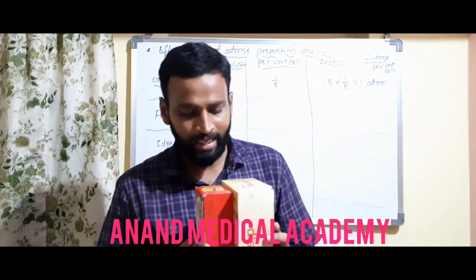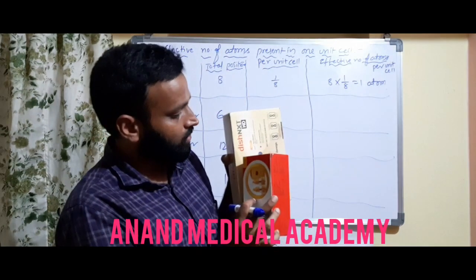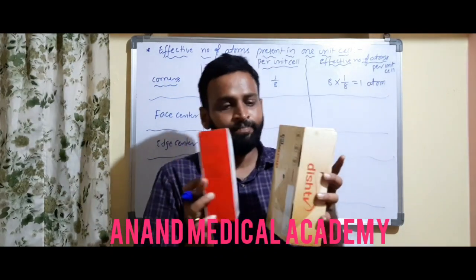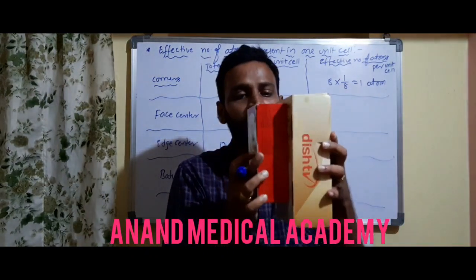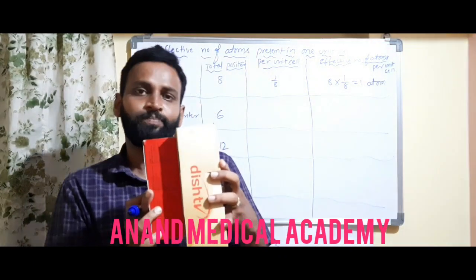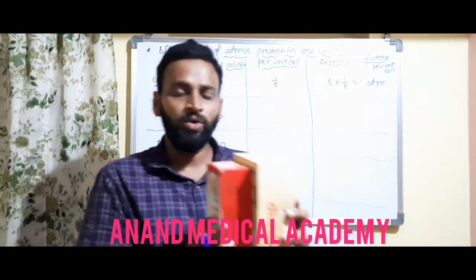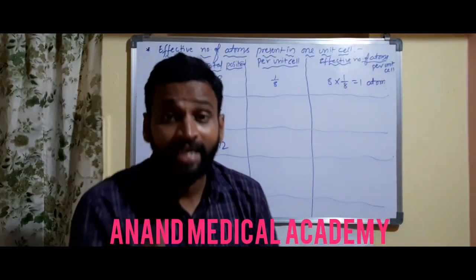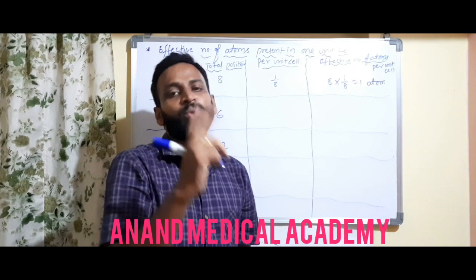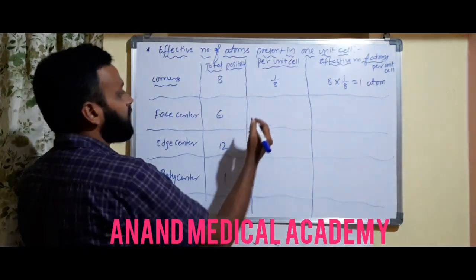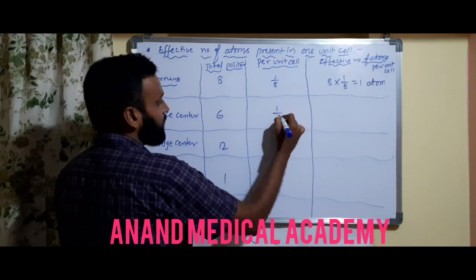One face center atom can be shared by 2 unit cells. In the middle, can anybody else come? I told you, here is just a corner atom and here nothing. So this is one unit cell, this is another unit cell. See, both are sharing this atom. So one face center atom is shared by 2 unit cells, so per unit cell contribution is 1 by 2.